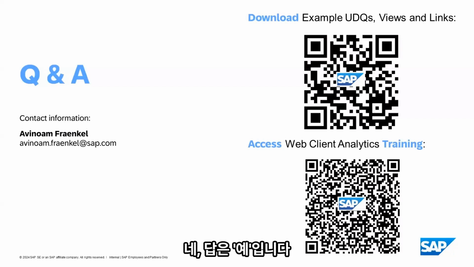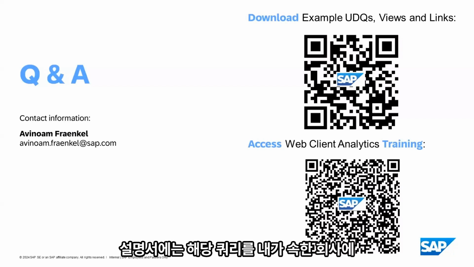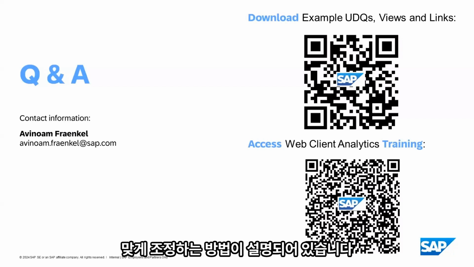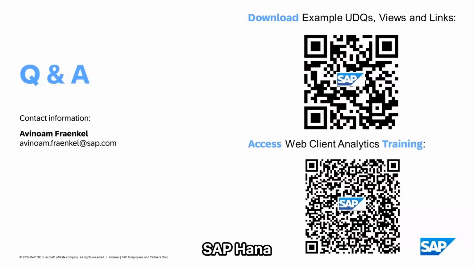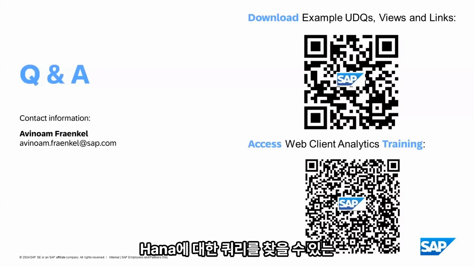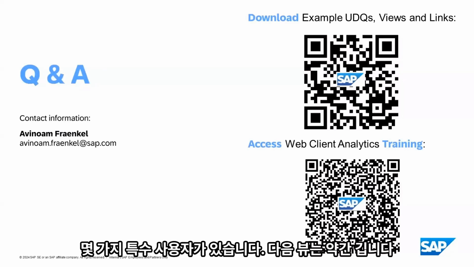So yes, you can use calculation views, and the documentation will explain how to adapt those queries for the import company. Of course, this is just an SAP HANA thing. The calculation views are only available within SAP HANA, and there are several special user-defined queries in the SAP HANA download file.